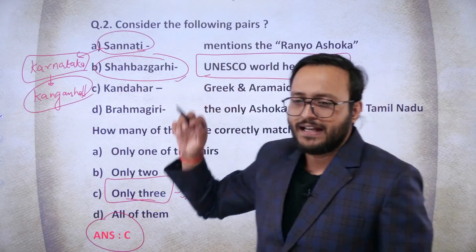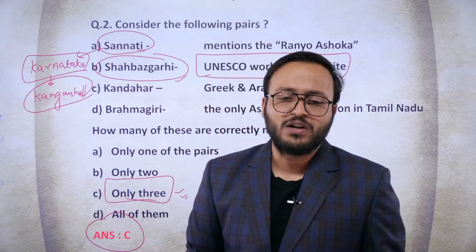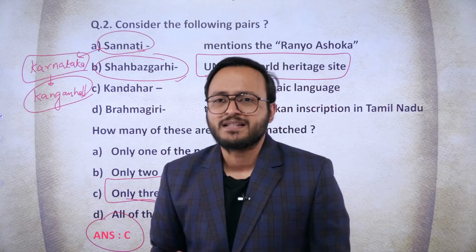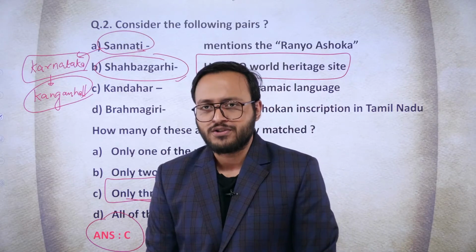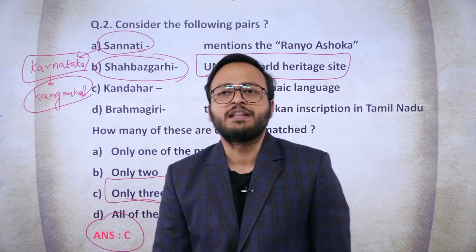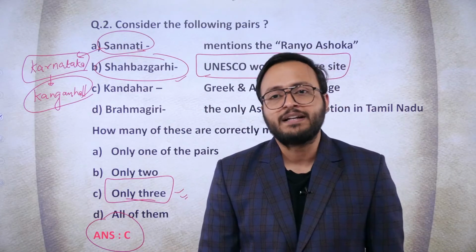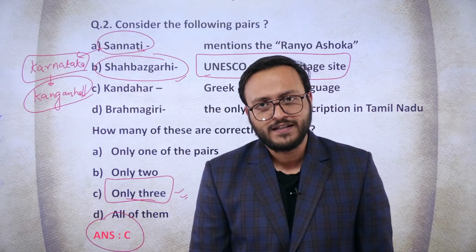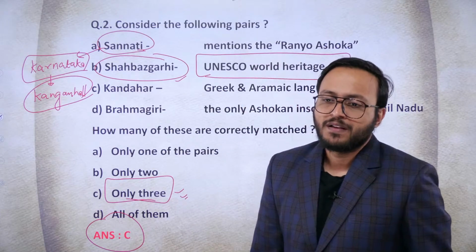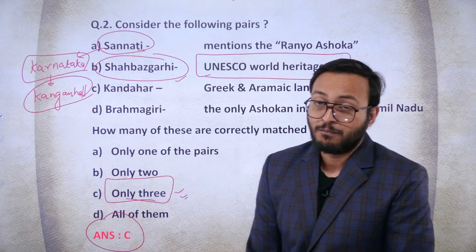That is absolutely correct, because Shahbazgarhi is one of the very few locations in Pakistan where UNESCO has bestowed the World Heritage Site status. Got it? So this has to be one of the most famous.